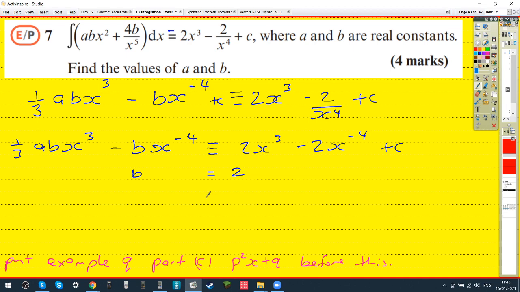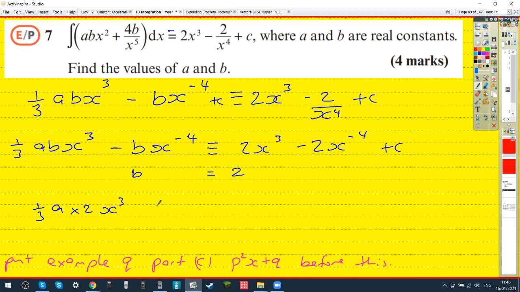So can we put b into the equation on the left to work out a? Yep. So it'll be a third a, 2a. Times 2, yeah. And then x to the 3. And then could you multiply 2 and a third together?